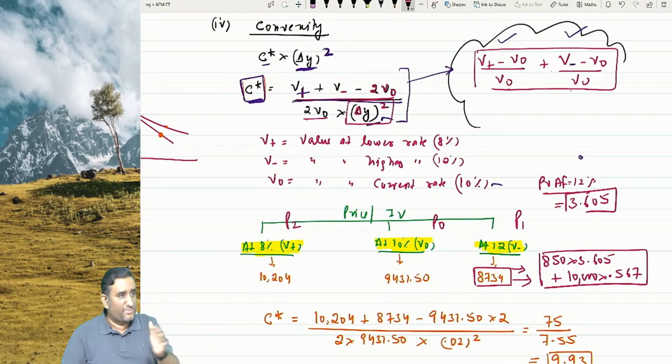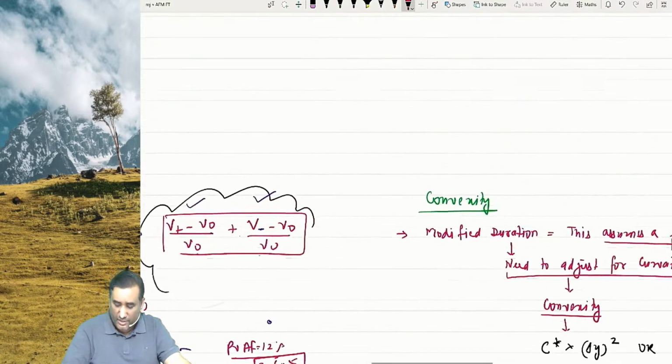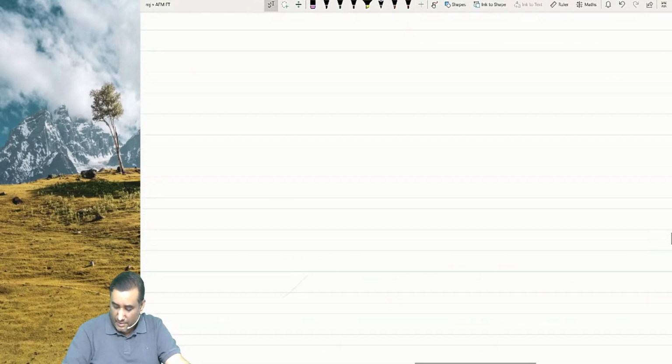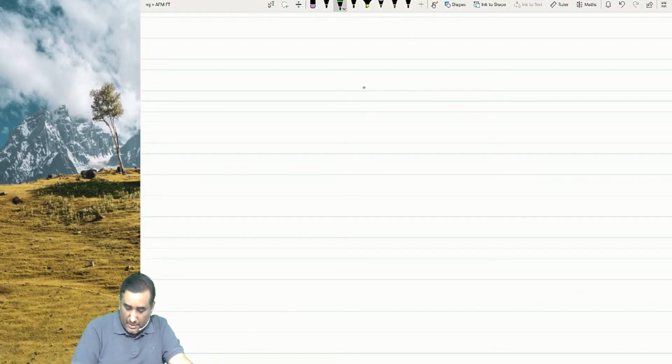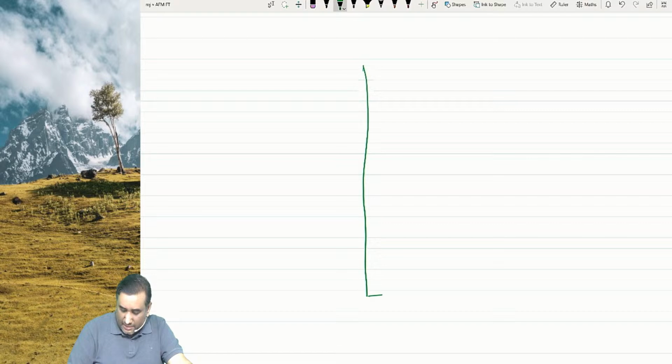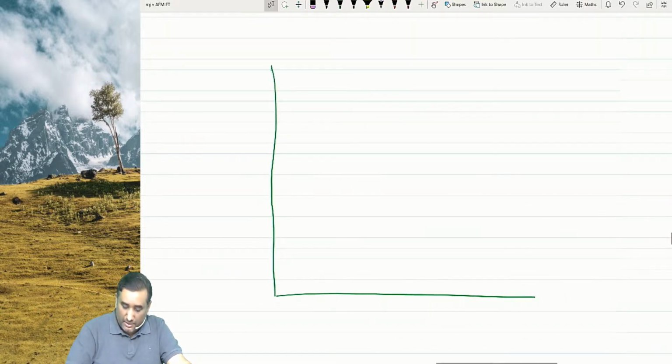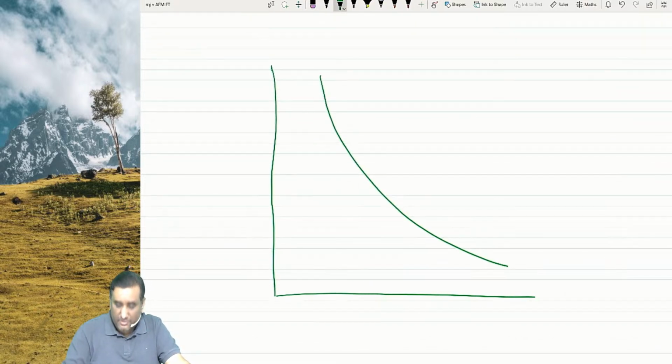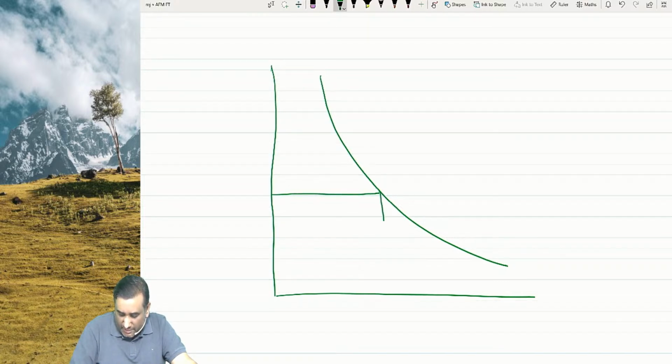Let us do one more exercise before I come back to this so that you get more comfortable. Look up, please. If I draw my chart, and this is the curve, what was my original price?